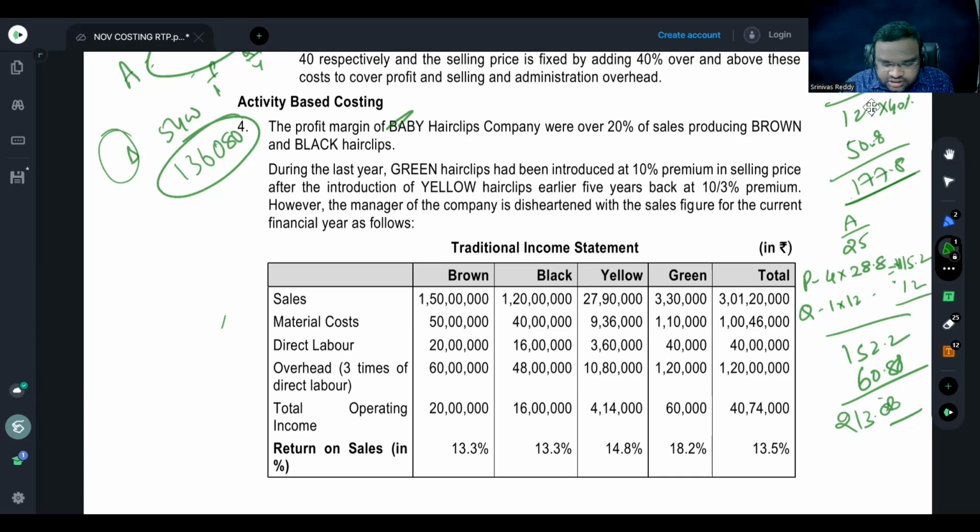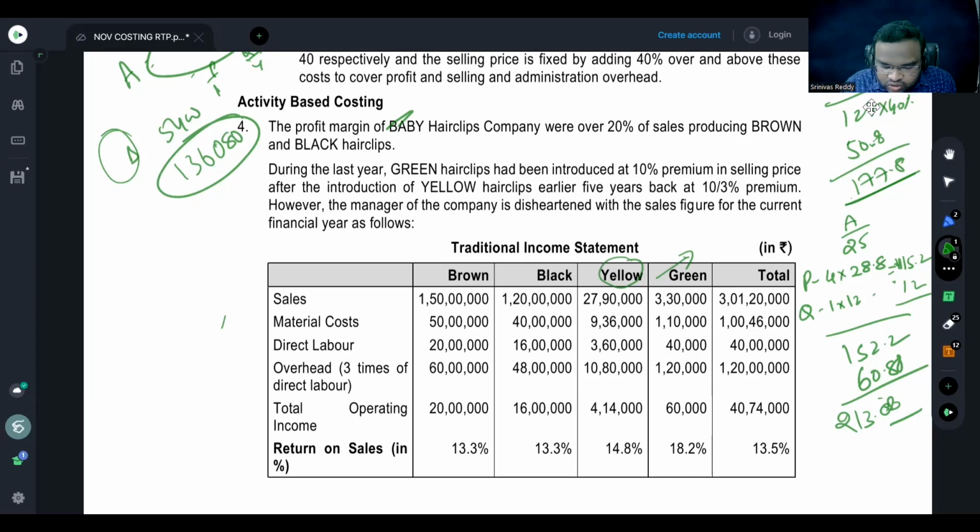During the last year, green hair clips had been introduced, with a 10% premium in selling price. After the introduction of yellow hair clips 5 years back, at a 3% premium. However, the manager of the company is disheartened with the sales figures for the current financial year as follows.